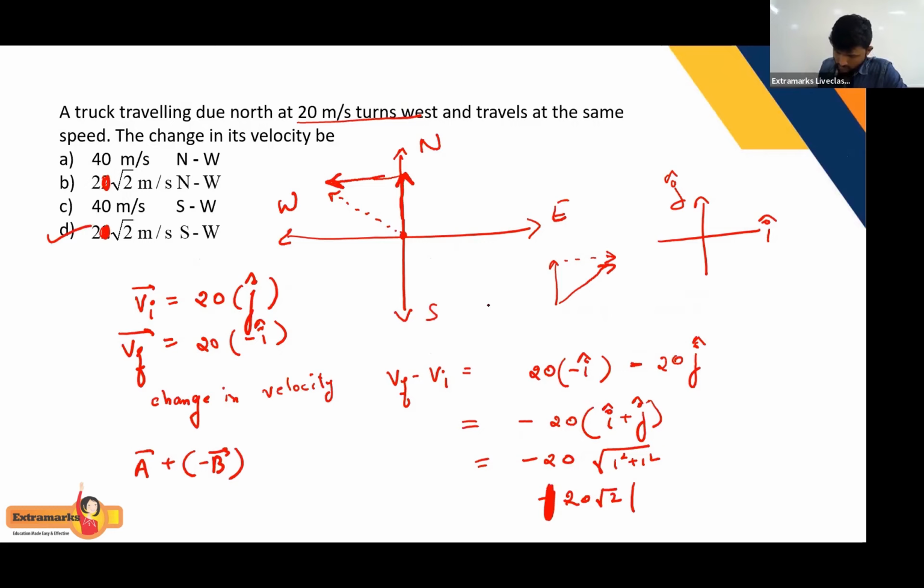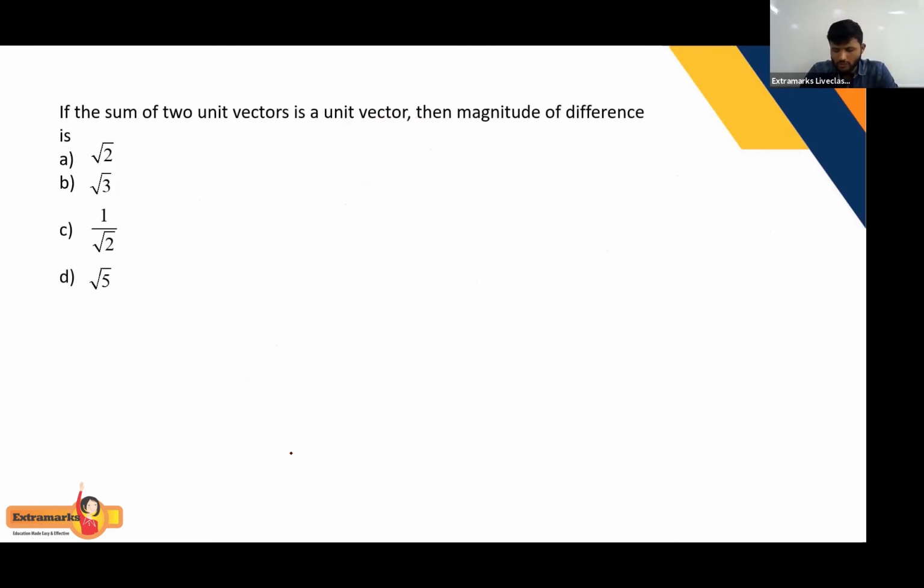If the sum of two vectors is a unit vector, then the magnitude of difference is. Now they have given that there are two unit vectors, and you know that unit vectors have magnitude 1. So I am assuming n cap is a unit vector whose magnitude is equal to 1. Now they are asking the difference of the magnitudes.